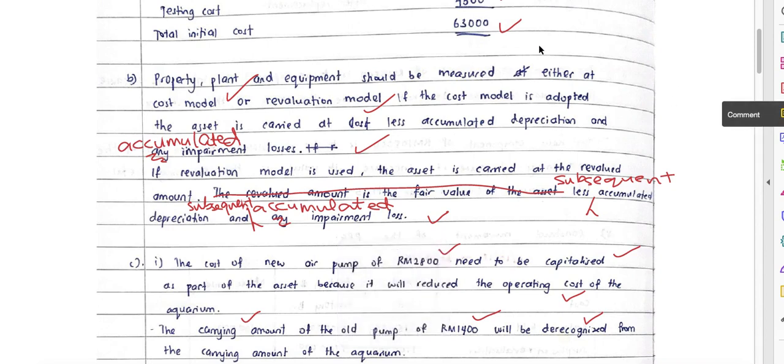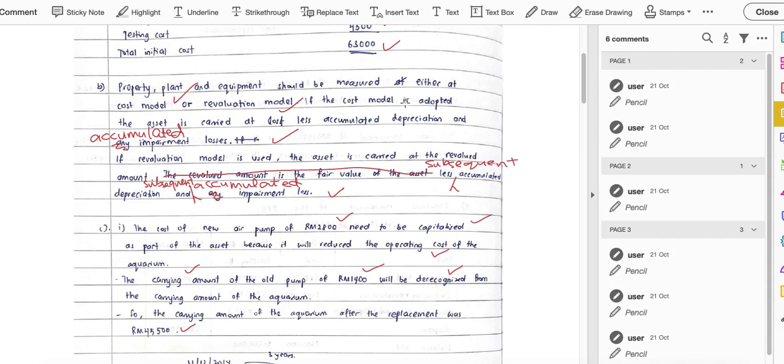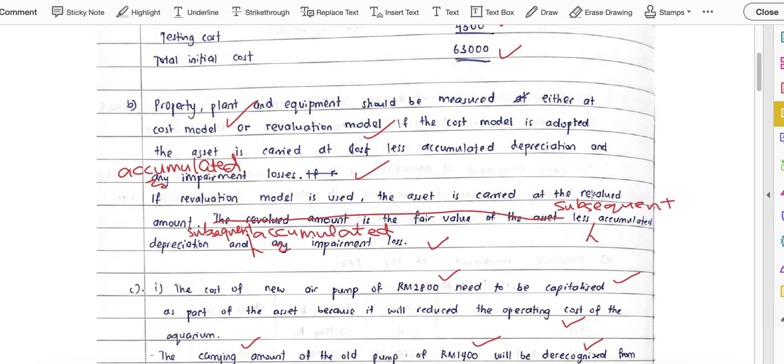Under the cost model, if the cost model is adopted, the asset is carried at cost less accumulated depreciation less accumulated impairment loss. If it is a revaluation model, the asset is carried at revalued amount.